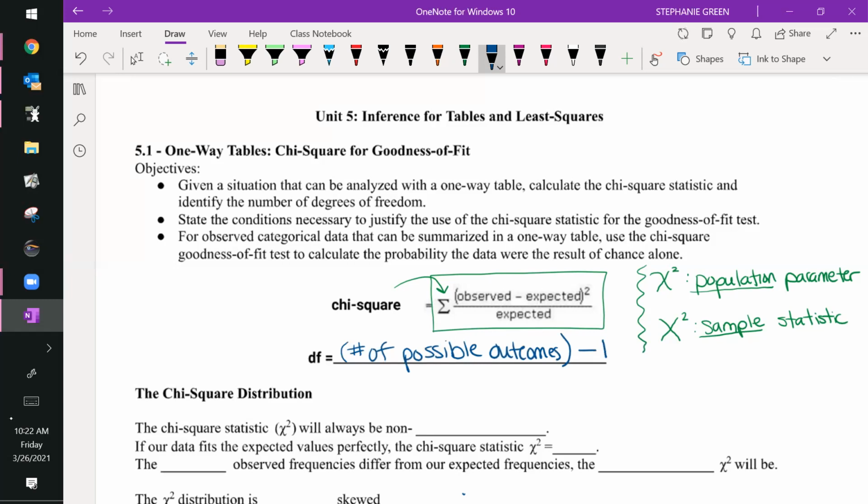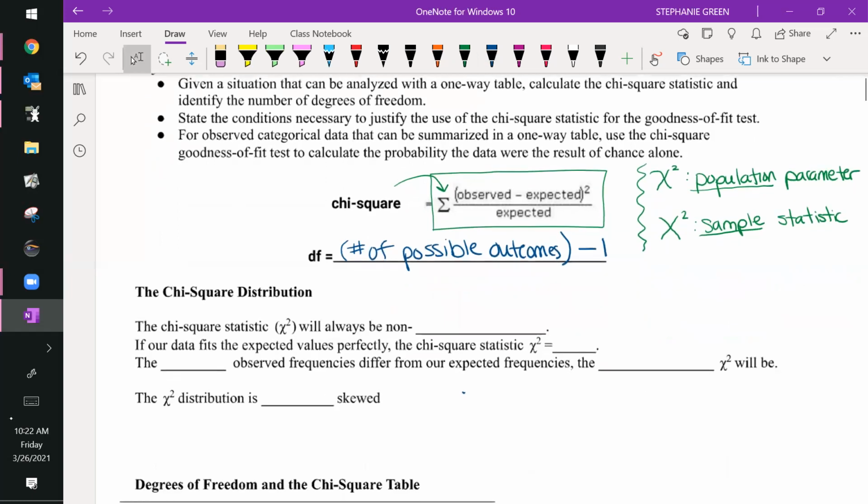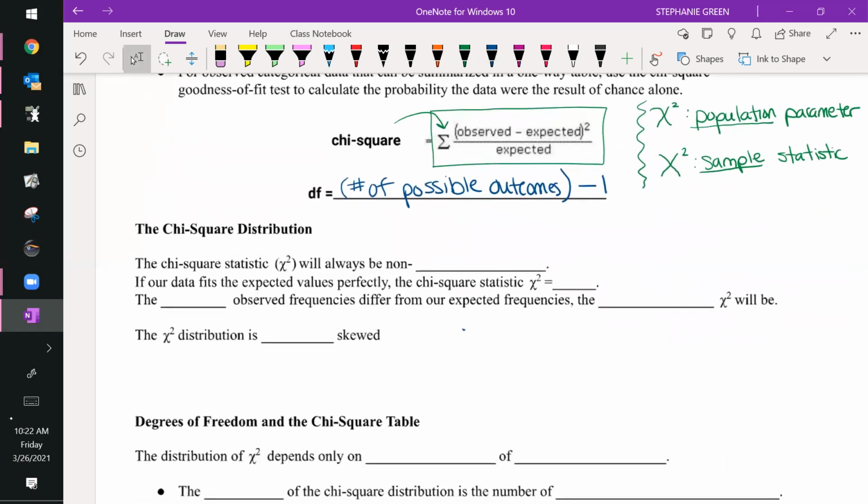In this one, we're looking at scenarios where we have more than two possible outcomes, so our degrees of freedom is going to be the number of possible outcomes minus 1. And just like in the t-distribution, the chi-square distribution is going to look slightly different for each degrees of freedom. There's a totally different chi-square distribution for each number of degrees of freedom. In the chi-square distribution, the chi-square statistic will always be non-negative.